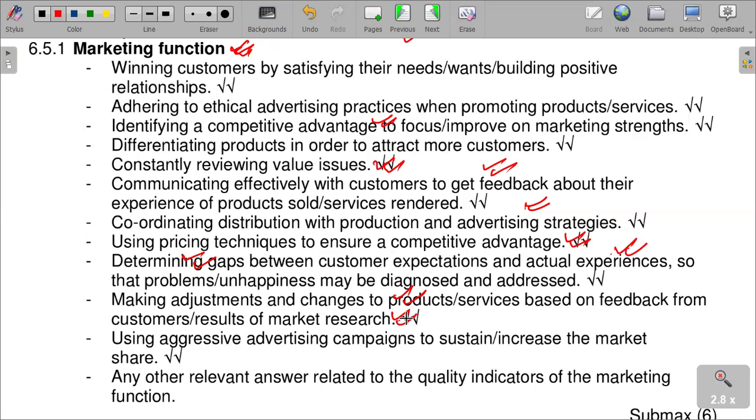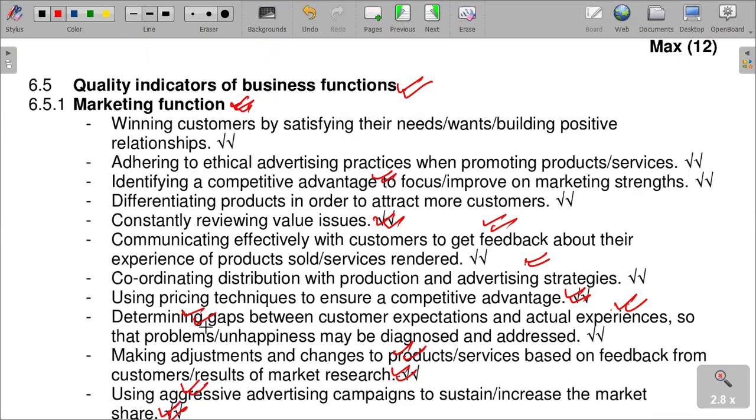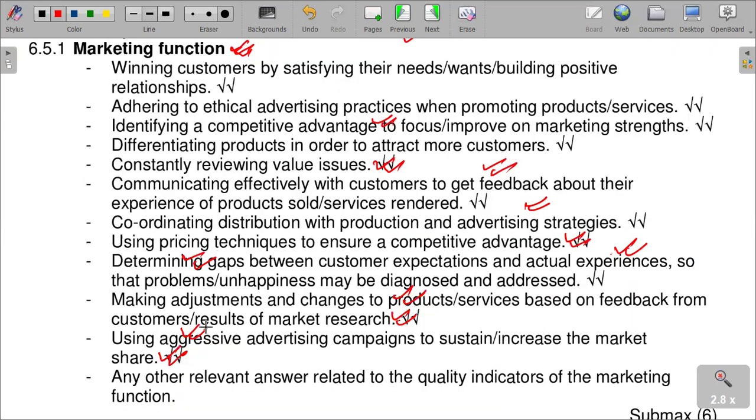And then using aggressive advertising campaigns to sustain or increase the market share of the organization. Where there is tough competition, aggressive marketing campaigns must be employed for the business to survive.